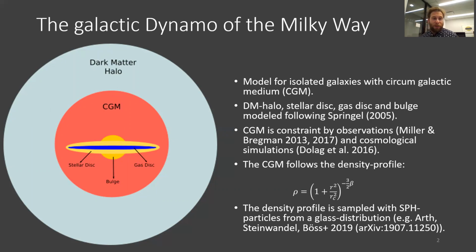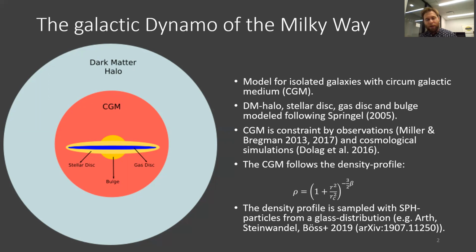On the left, you can see the setup of this simulation, where we have a galaxy that consists of a stellar disk, a gas disk, and a bulge that has been modeled following the prescription from Springel et al. 2005, which is surrounded by a hot halo, the circumgalactic medium, and a live dark matter halo in that sense.